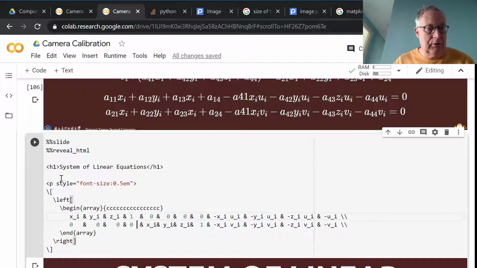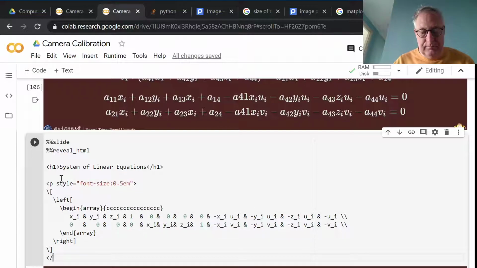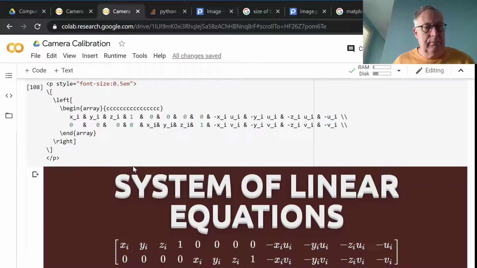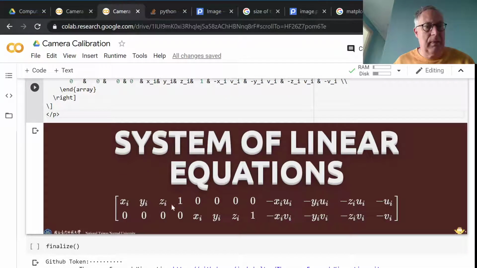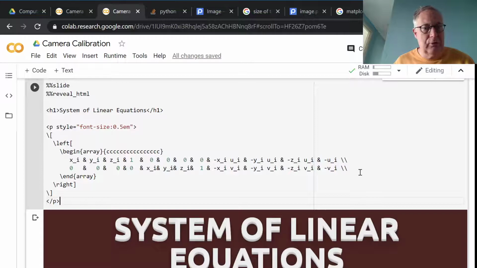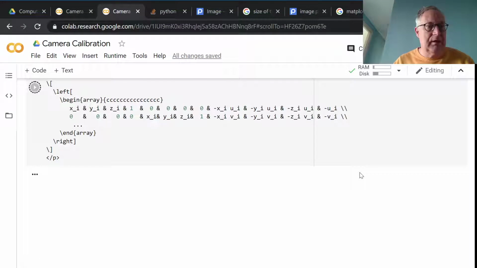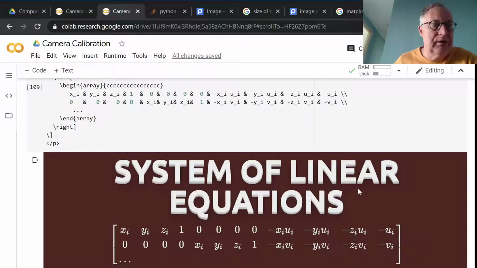Make it a bit smaller. This is what it looks like. So then we can convert that from this matrix. There's more here, right? 2 rows for every point.